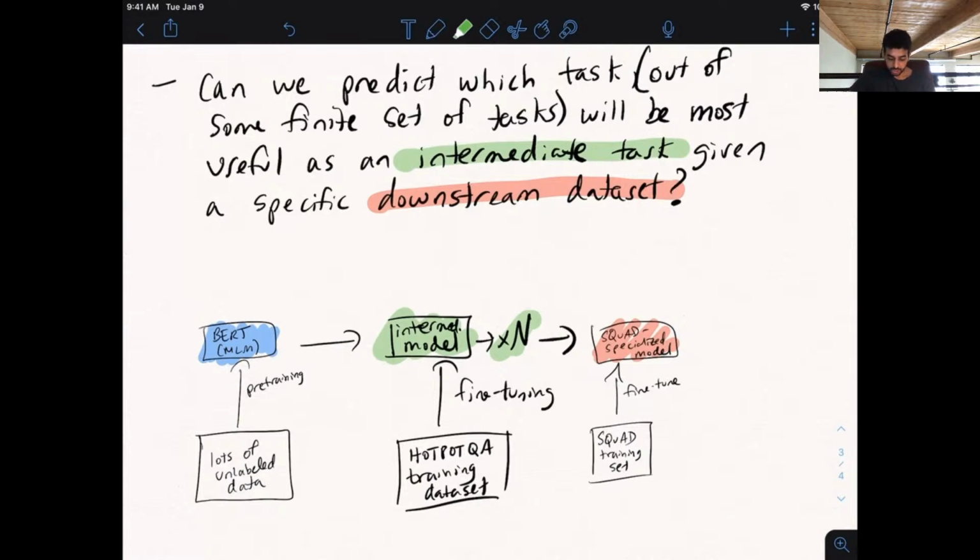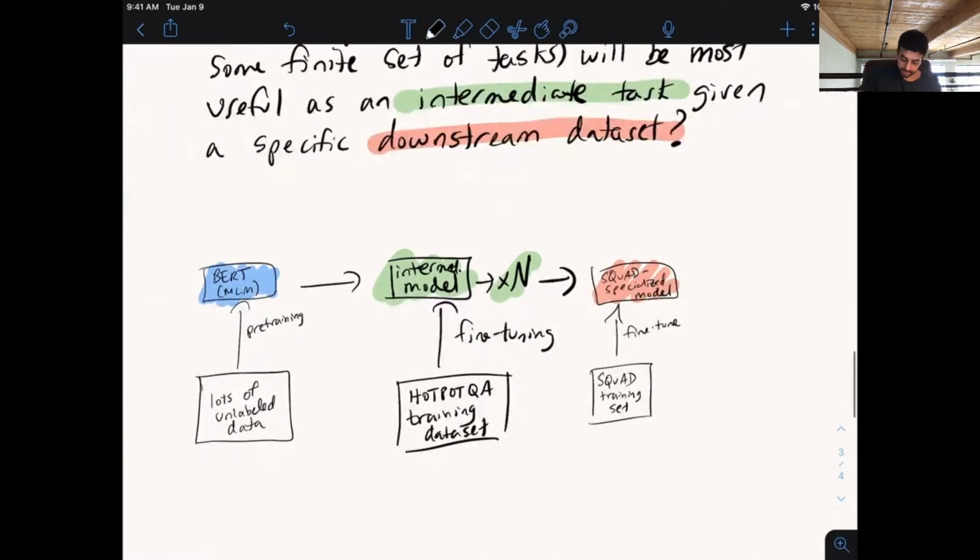Because with each one of these new intermediate tasks that I add here, I kind of forget some of the information that I learned from my BERT pre-training, right? And that's really bad because note that the BERT pre-training phase was the one that had access to the largest training data set, right?